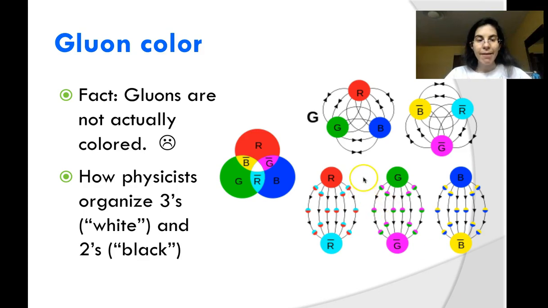We're going to say that this particle has a red gluon, this particle has an anti-red gluon. They cancel each other out and make black. And that's how we know we've got a stable meson. Blue and anti-blue, green and anti-green, or red, green, and blue, or anti-red, anti-green, and anti-blue.